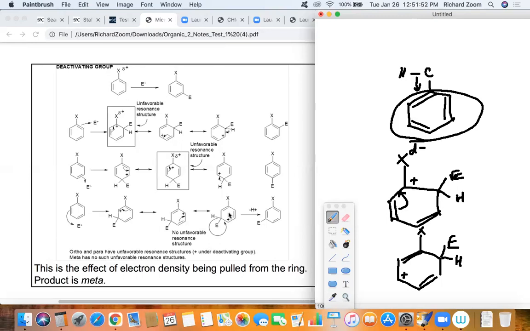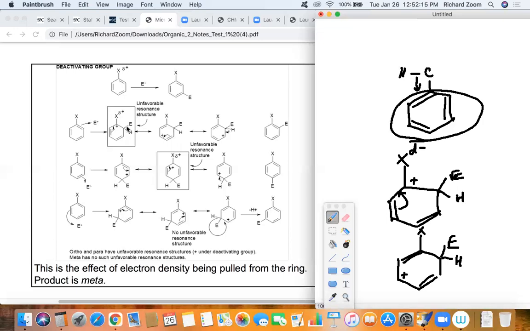So you can see that when we attempt to put the electrophile in the ortho and the para position, we don't get ortho and para compounds, because we get the possibility of forming these unfavorable resonance structures. Again, these were favorable when X was activating and partially negative.